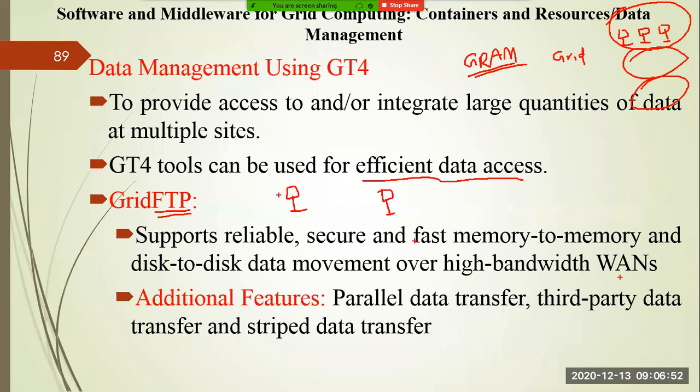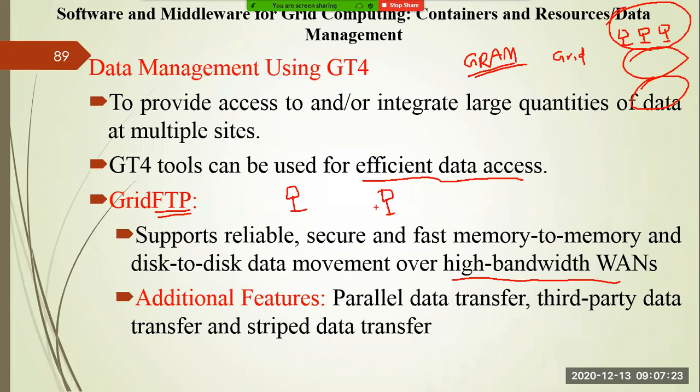When you need to transfer data from one computer to another, the data size may be in terabytes or petabytes, so you require high bandwidth. If bandwidth is very high, the data transfer is much faster; if bandwidth is low, it is difficult. GridFTP provides this so that you can transfer the data securely, and the transfer time is also very small.